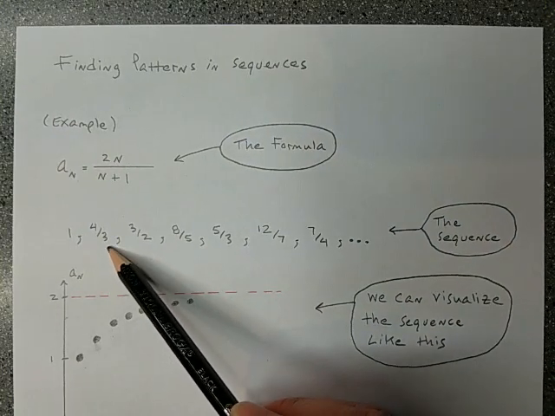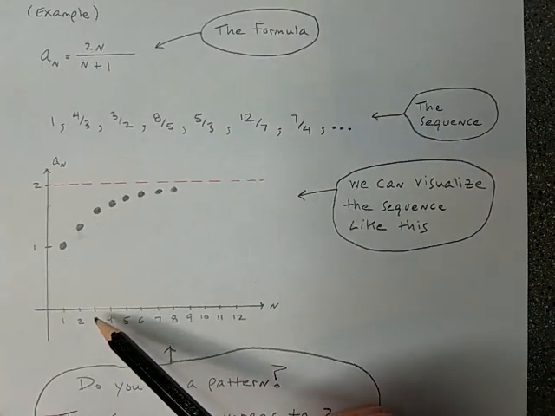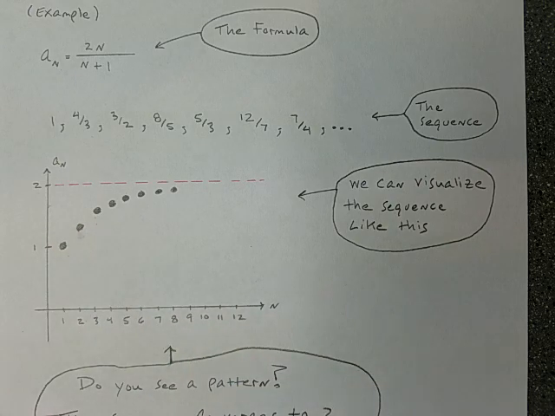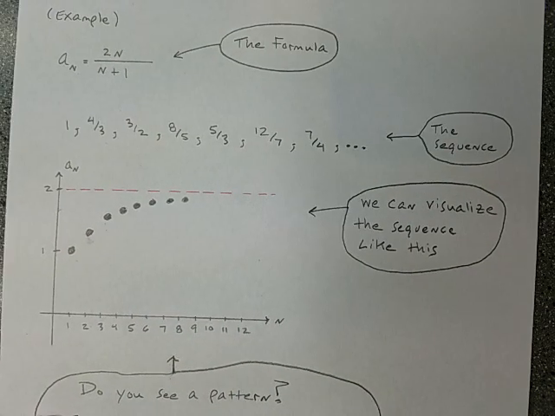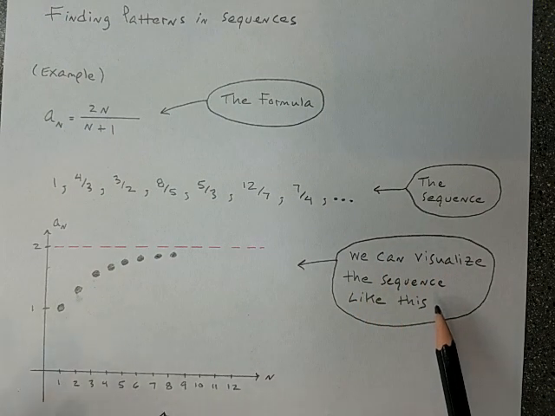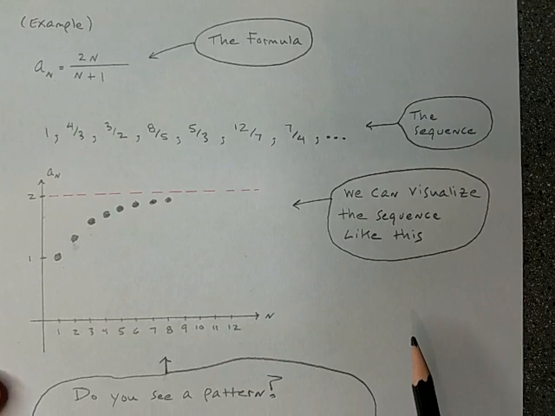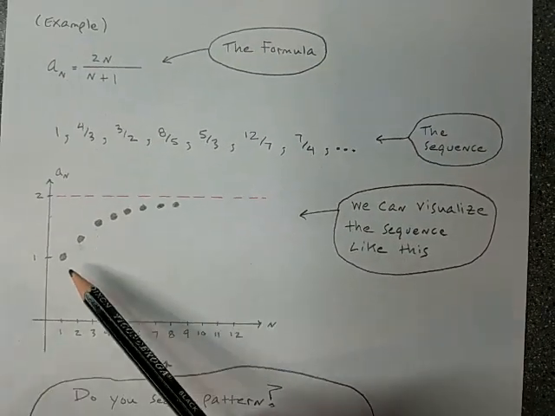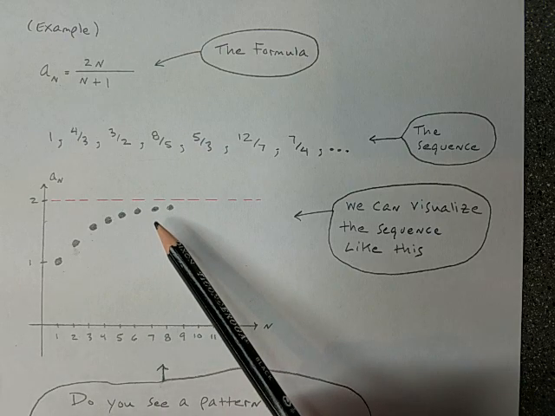If the second term is 4/3, that's about 1.3, then the second term puts me here, at about 1.3. You see the idea? That's if you wanted to visualize it. That's what the terms look like. Now, you may not see a pattern here. It's a little more obvious when you see it right here.